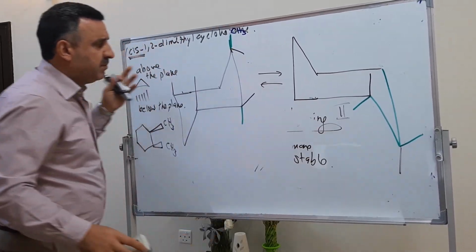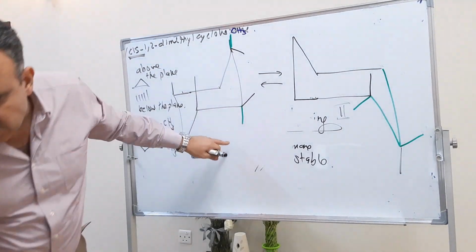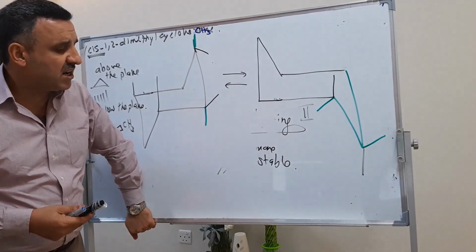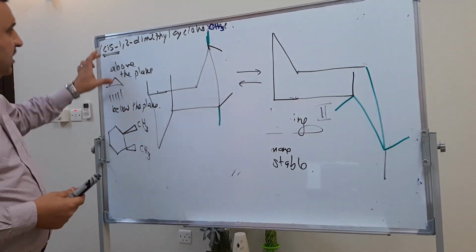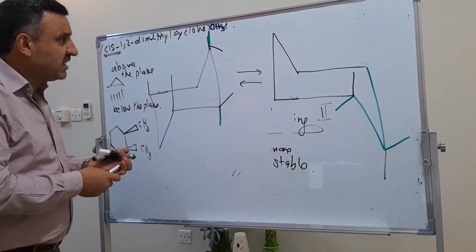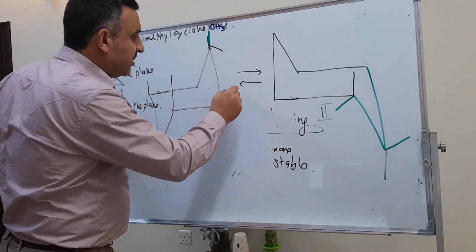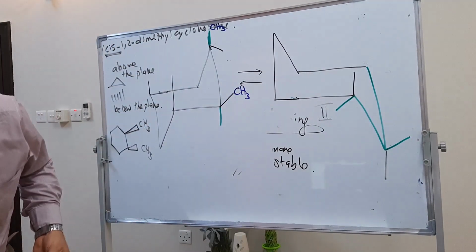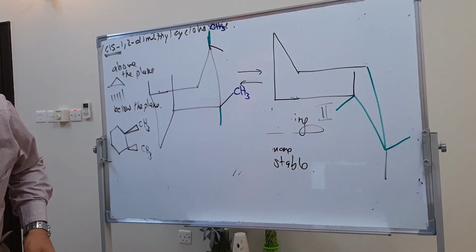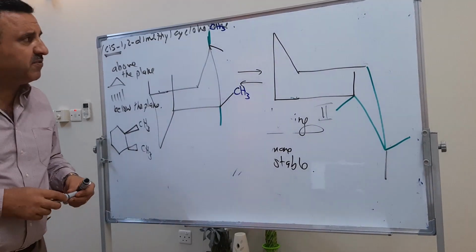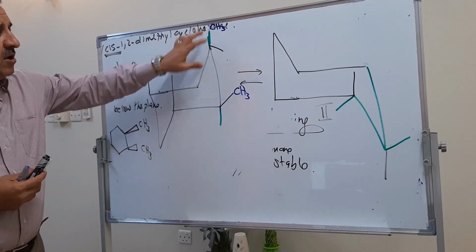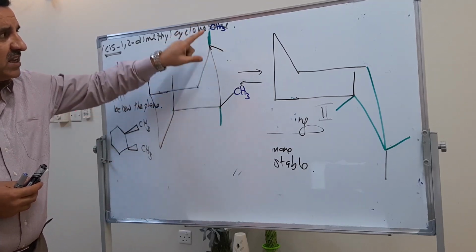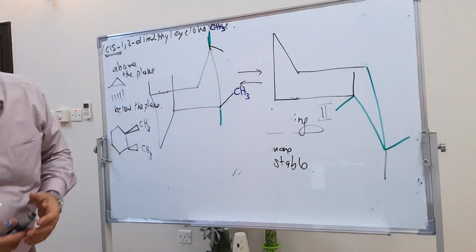If I put the second methyl in this carbon, the stereochemistry will be trans because they are in opposite directions. But we are talking about a cis compound. So for the cis, the second methyl must occupy this equatorial. Do you follow me? So this is the first option. Is this clear for drawing the first option of the 2 methyls at 1, 2, and to be in cis orientation?